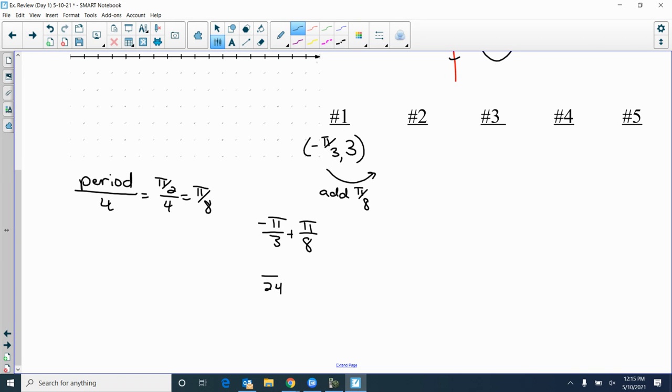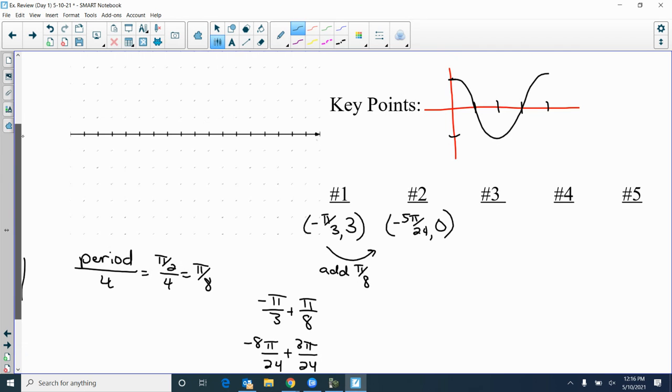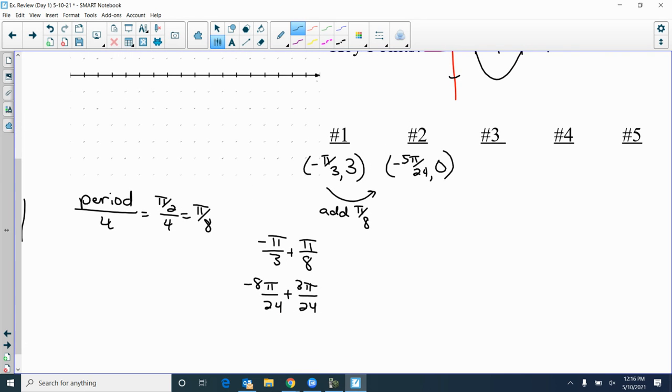That makes negative pi over 3, negative 8 pi over 24, plus 3 pi over 24. And so I get negative 8 plus 3 is negative 5 pi over 24. And the y value, if you take a look at the basic graph up there, is going to be 0 for the second point.